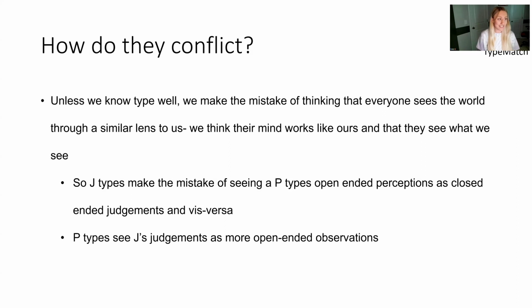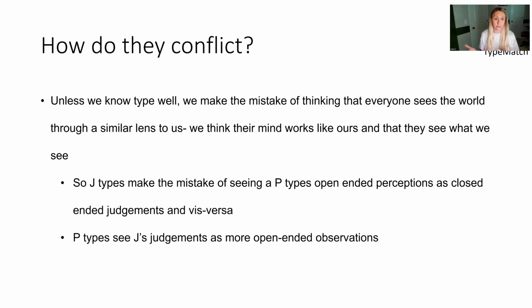So how do these types conflict? Unless we have a really good understanding of type, we tend to assume that everyone sees the world through a similar lens to the one we see it through. So we think that their mind works like ours, that they're seeing what we see.